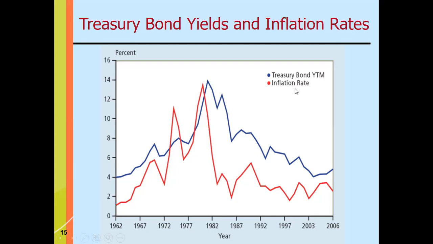For the Treasury bond YTM, when the inflation rate increases, the Treasury bond yield to maturity also increases, because the more risks there are, especially because of inflationary factors, the bigger the discount rate.